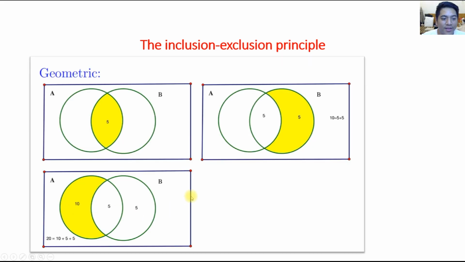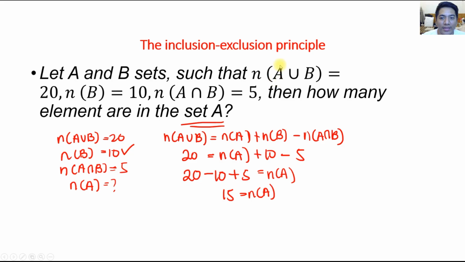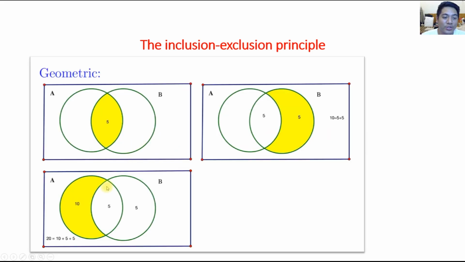So that if we add, we will be having 20. And the number of elements in the union of A and B is 20. So meaning the total number of elements should be 20.